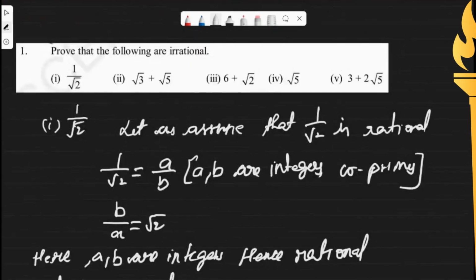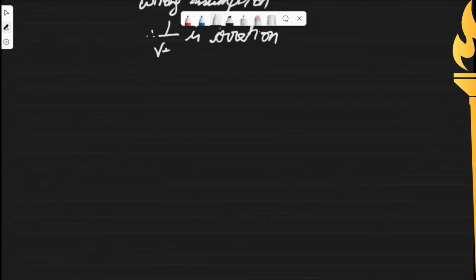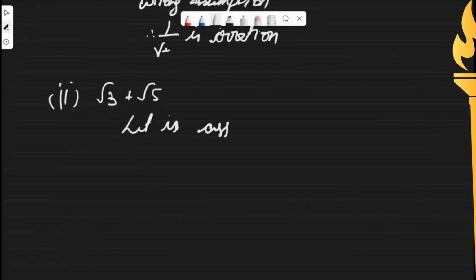So the second one we have is root 3 plus root 5. Same, let us assume that it is a rational number.